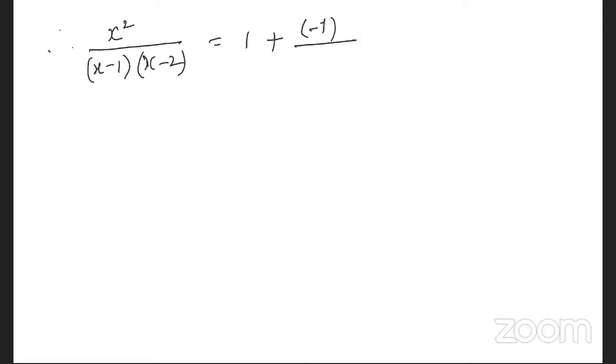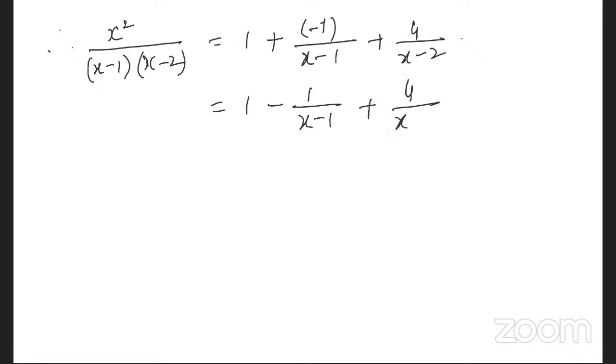Therefore, x square divided by (x minus 1)(x minus 2) is equal to 1 plus, the value of a is minus 1, divided by (x minus 1), plus 4 divided by (x minus 2). We can write this as 1 minus 1 by (x minus 1) plus 4 divided by (x minus 2). This is a problem based on case 1.